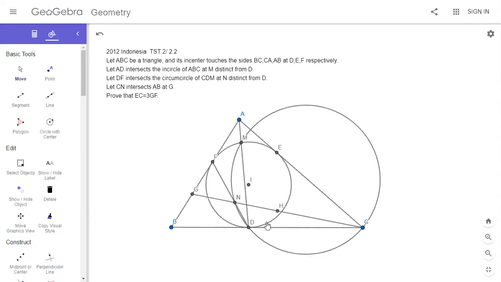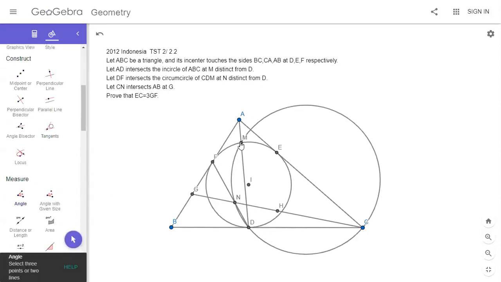MCD, is it similar to MNF? So I see why one of the angles are equal. Is that true? I don't think, let's see.